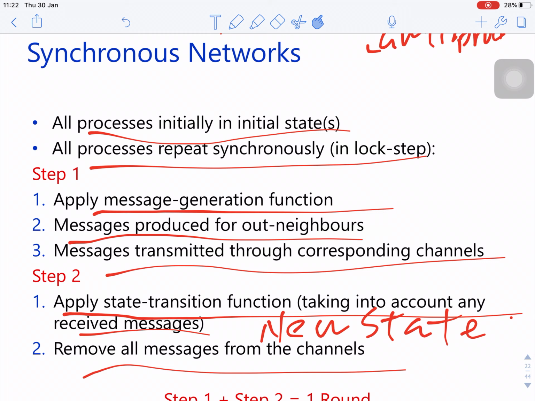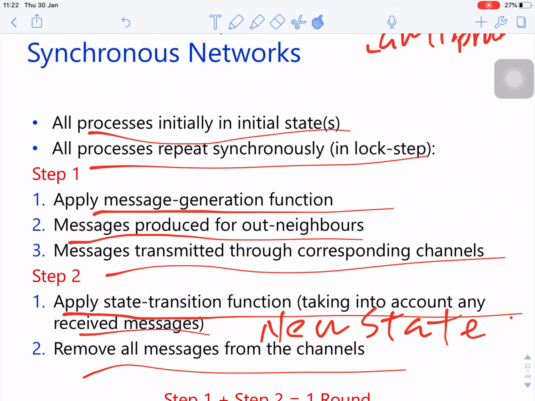Firstly, we generate the message. We have defined our initial state, then we can generate the message. And the message is produced to the output neighbors. And then the message is transmitted through the corresponding channels. And then we apply the state transition function to the messages received.